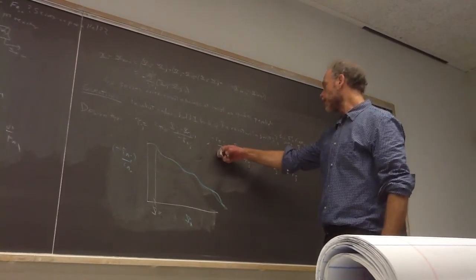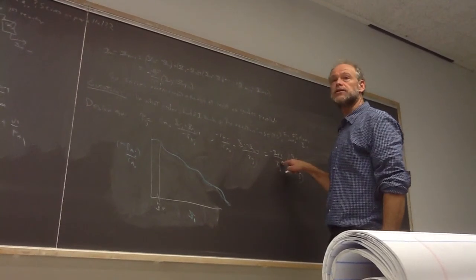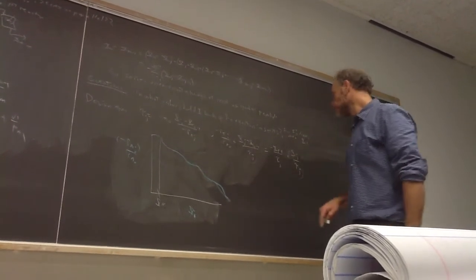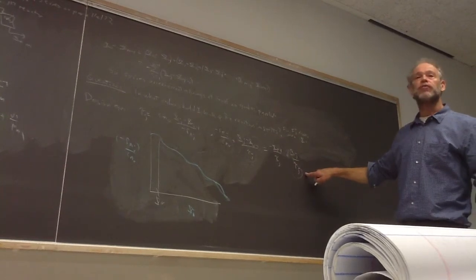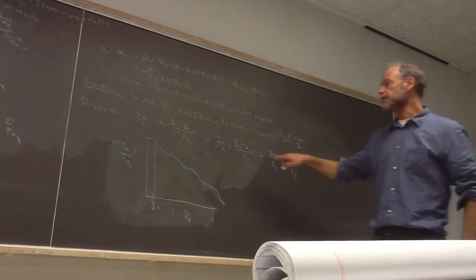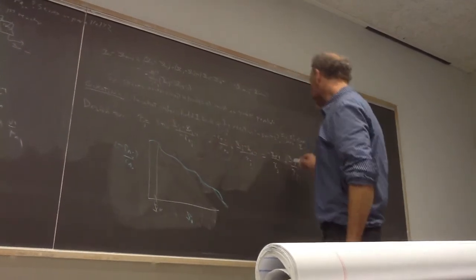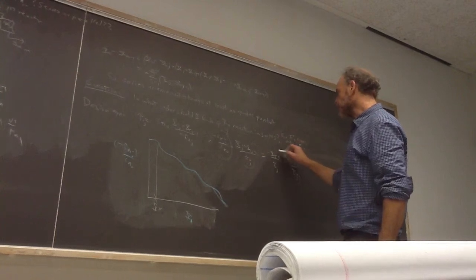I have y is equal to something times x plus a constant, y equals m x plus b. So the slope is 1 over tau j.